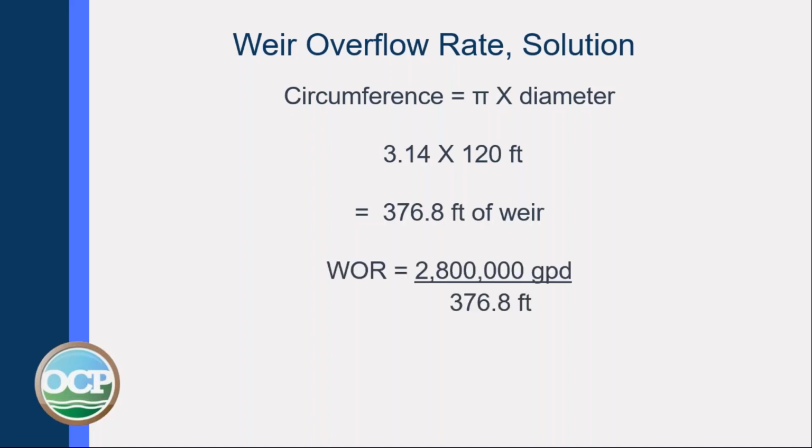Your flow was 2.8 million gallons a day, which is 2,800,000 gallons per day, divided by your length of weir, 376.8 feet, gives you a weir overflow rate of 7,431 gallons per day per foot of weir.